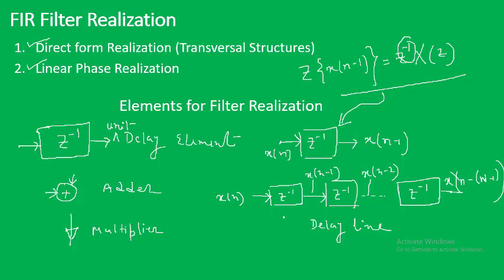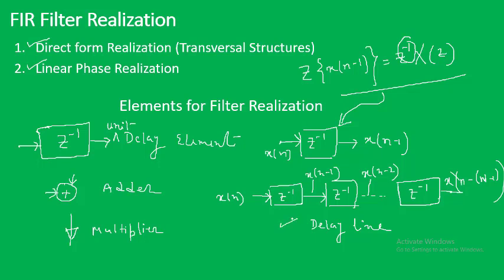Also in FIR filter realization we have multiple delay elements. On this line, after 1 unit delay we will have x of n minus 1, after 2 unit delays we will have x of n minus 2, and so on, up to x of n minus capital N minus 1. This line we name the delay line.